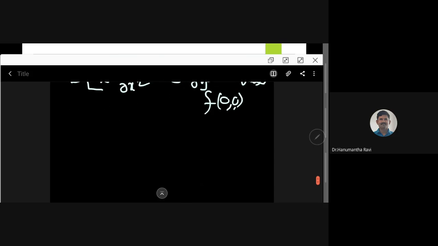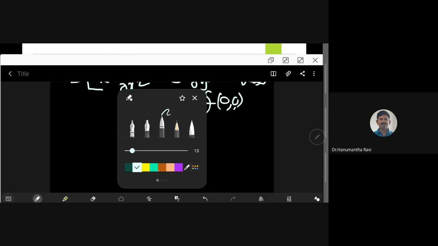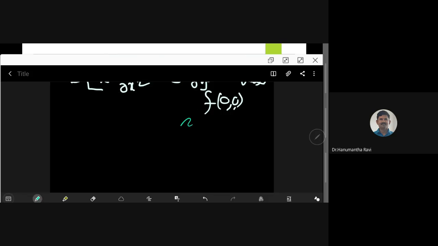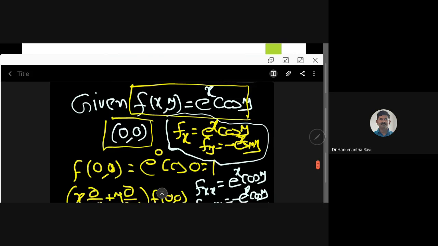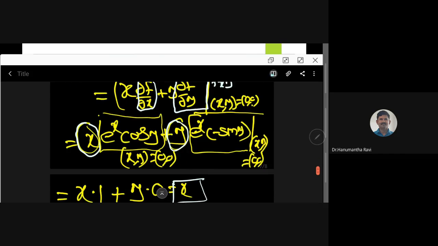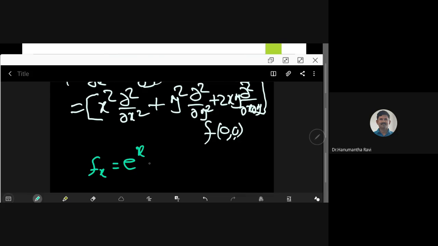I will rewrite here. What we have observed above is f_x is e^x cos y, and f_y is minus e^x sin y.